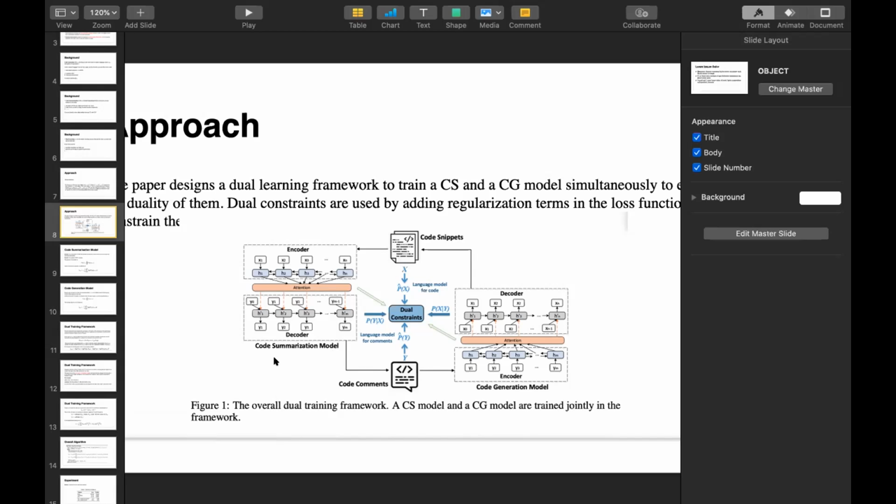And what benefits does this dual training bring us? The main thing is that it incorporates dual constraints. In this constraint, it identifies some symmetry structure or relationships between these tasks to put constraints on the loss function of both training processes.